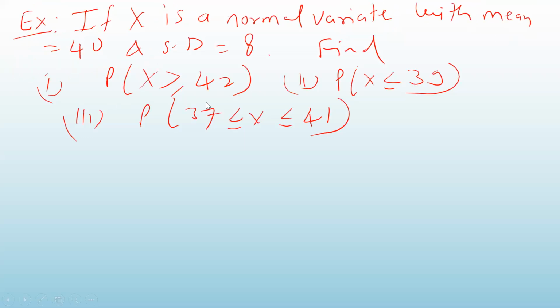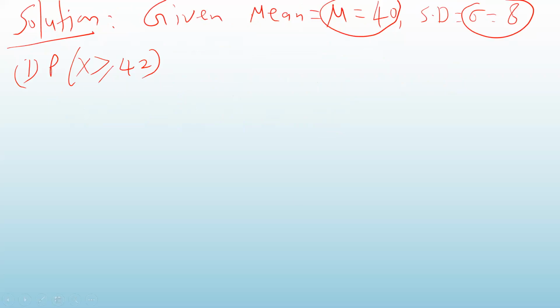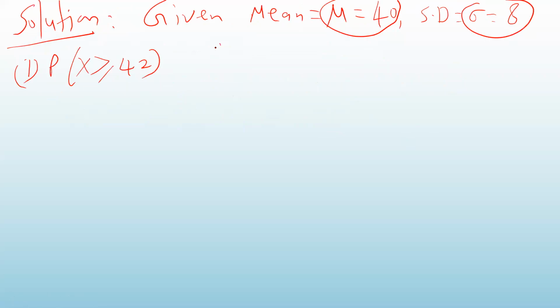Correct? 42. Yes. So as I told you, in all our problems, we have to convert x into z. Okay. So what we will do, we will convert x into the standard normal variate z by the transformation.